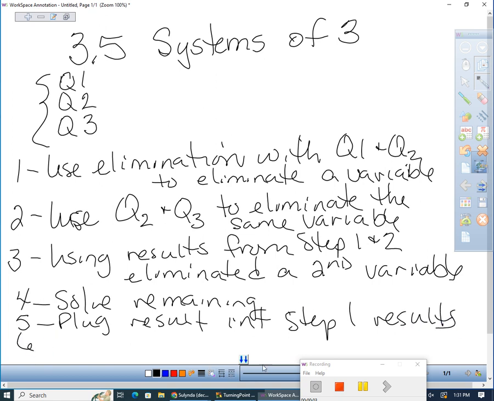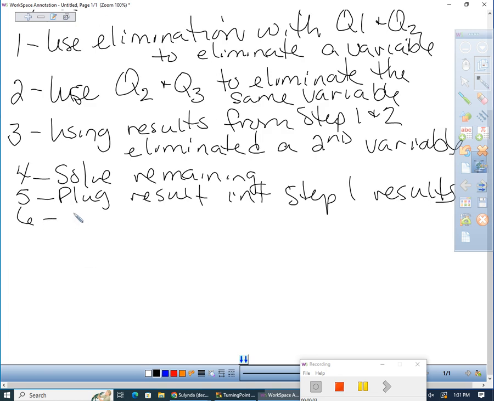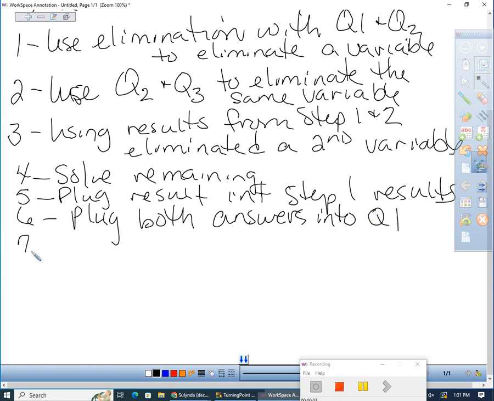Step 6, plug both answers into equation 1. Step 7, write as a point.